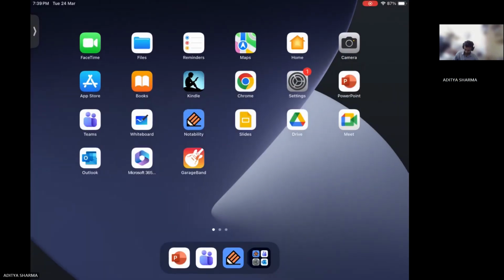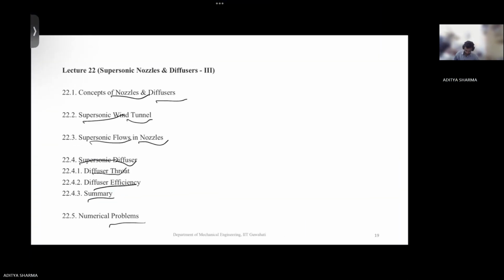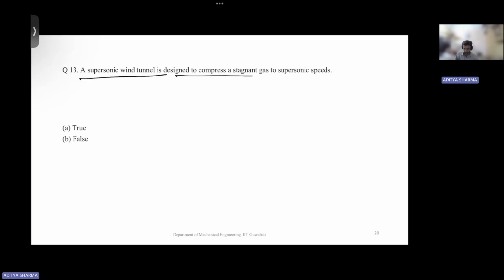Then we have questions. Question number 13: a supersonic wind tunnel is designed to compress stagnant gas to supersonic speeds. This should be expand and not compress, right?